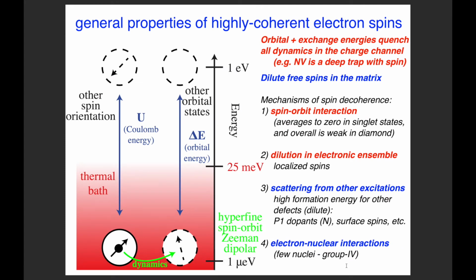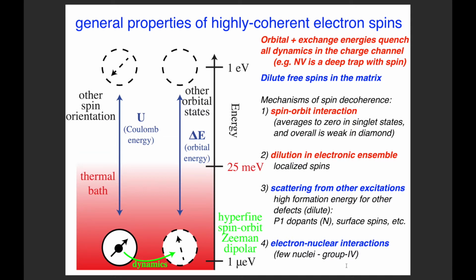Now, what's the general aspect of the NV spin that's so attractive for doing coherent manipulations? Well, that's shown a bit here on this plot showing energy scales on a logarithmic scale and indicating that the charge channel for this system typically has energy scales of the order of volts, even though the spin can change with perturbations that are only micro eV.